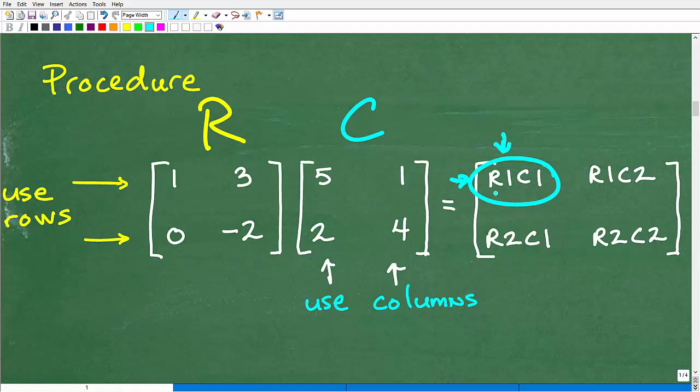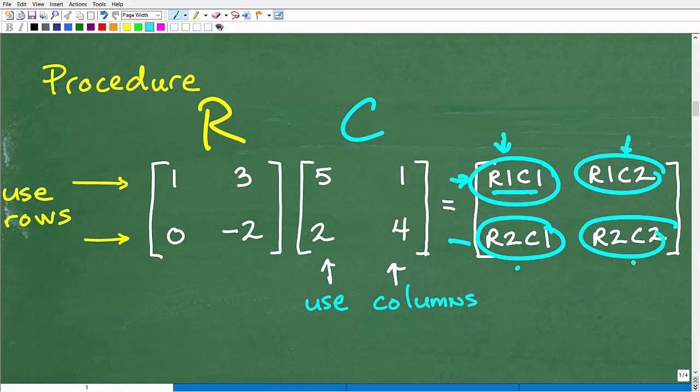Here, we're still in row 1, but we're in column 2. Down here, this is row 2, column 1, and then over here, row 2, column 2. Now the location is going to determine which rows and columns we're going to use.